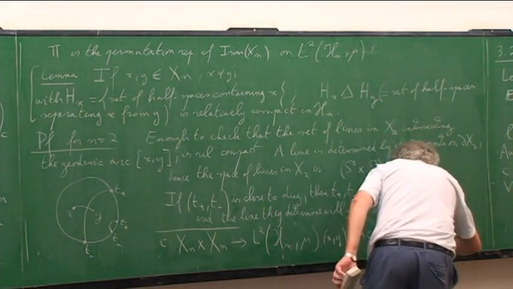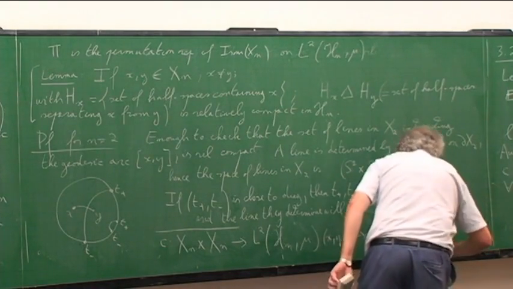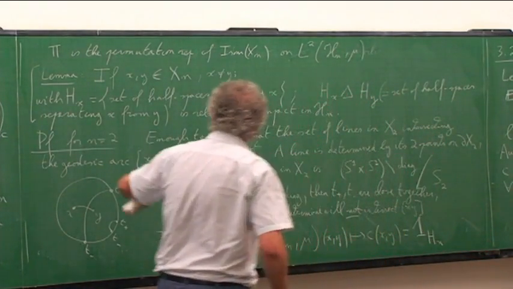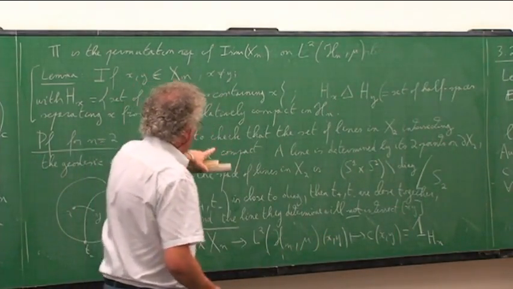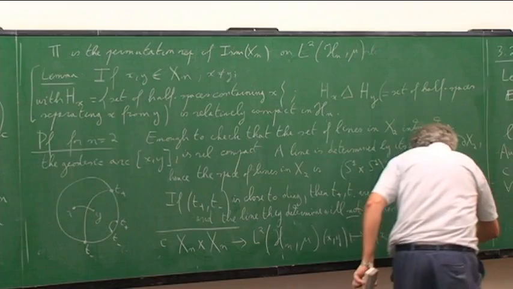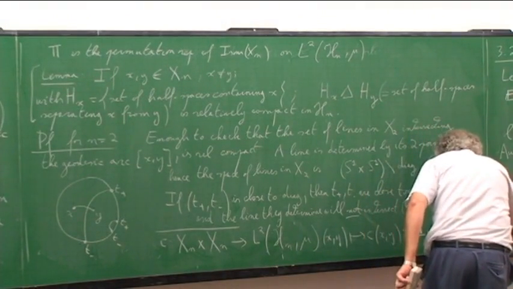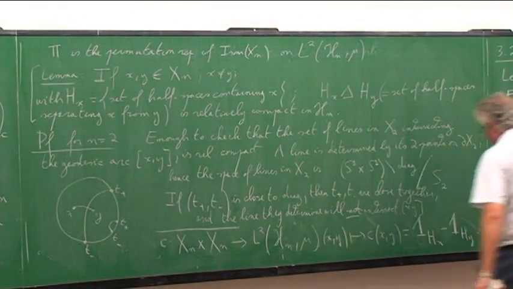Well, it will be the characteristic function of hx, the set of half spaces containing x, minus the characteristic function of hy.